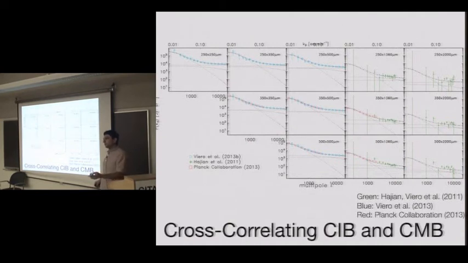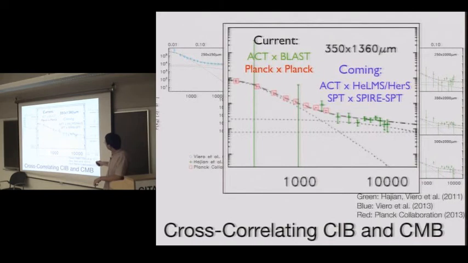Well, we're making progress on solving this problem by asking the question, what is the contribution from the CIB to the CMB, by doing a cross-frequency analysis between these 2 different maps? So we did this already, actually, here in-house, between BLAST and ACT, done by Amir and me in 2011, and then the ACT collaboration as well, of course.